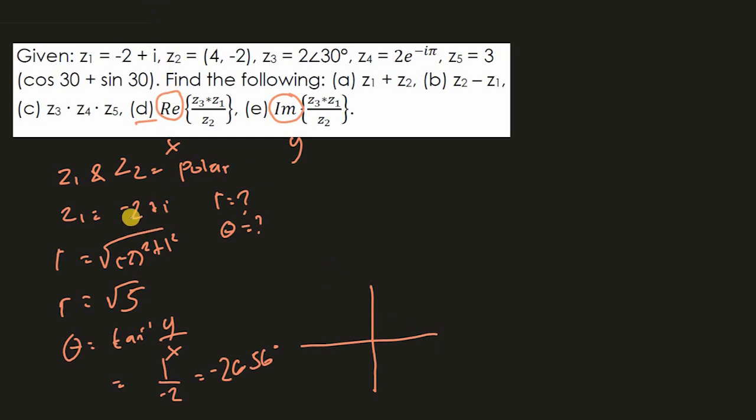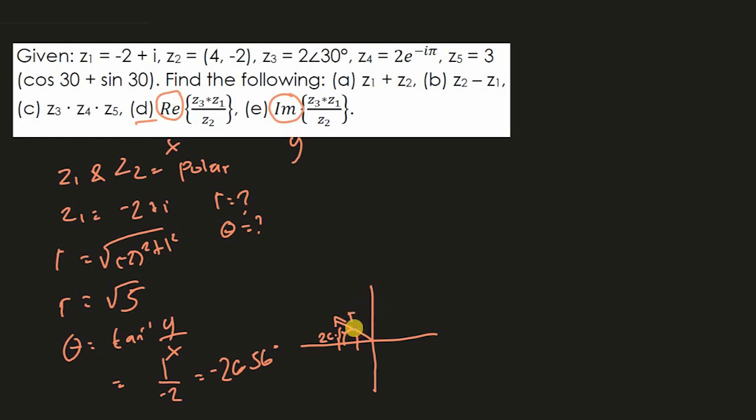Yung x value is negative 2, at ang i niya is 1, ibig sabihin andito siya. So, ito yung R natin, guys. Now, ang negative 26.56 ay tumutukoy dito sa angle na to.